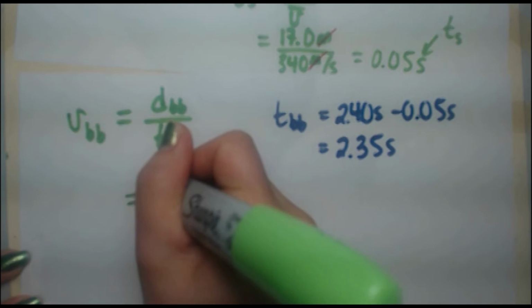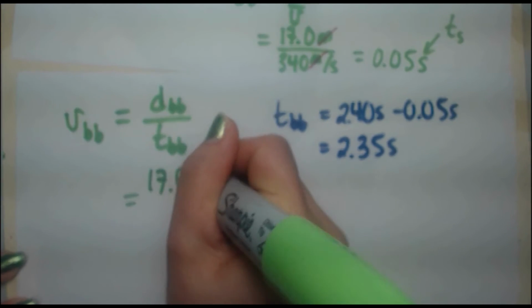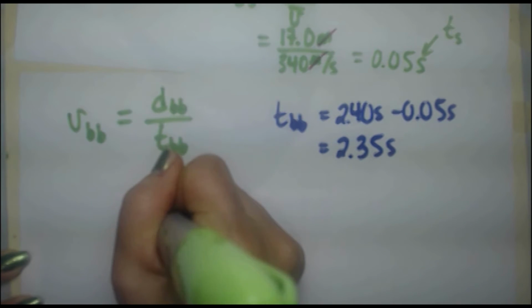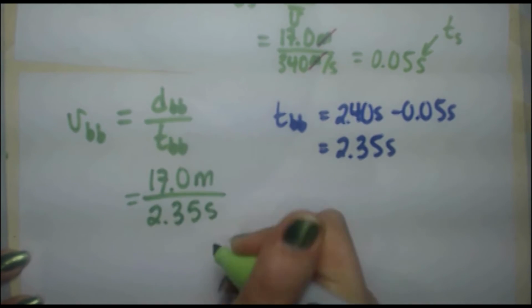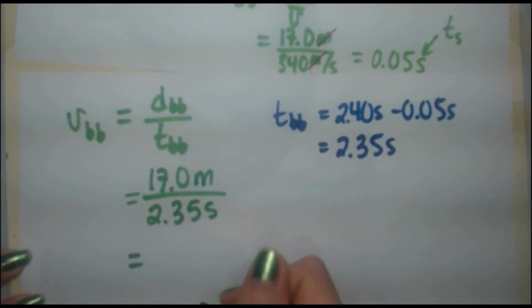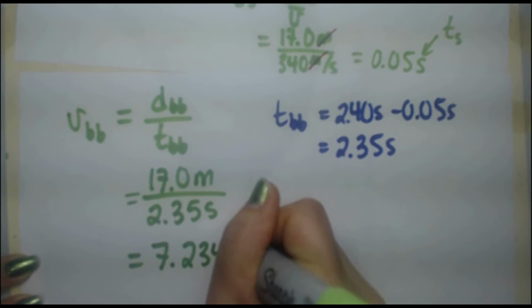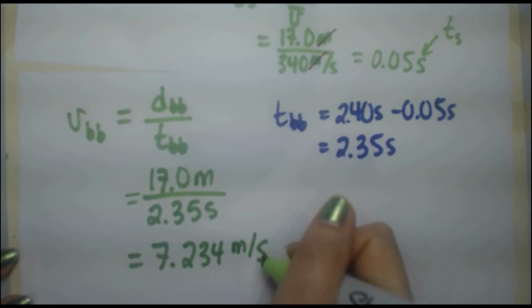That's just D, which turns out to be 17 meters. Okay, the time the bowling ball takes to reach the pin is 2.35 seconds. When you calculate that out, it gives you a speed of 7.234 meters per second.